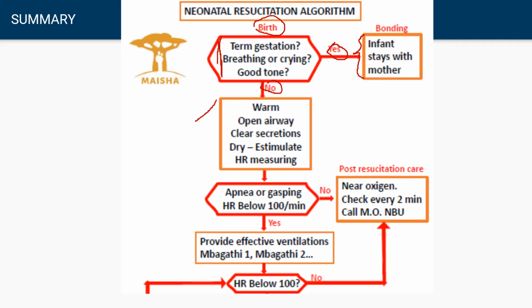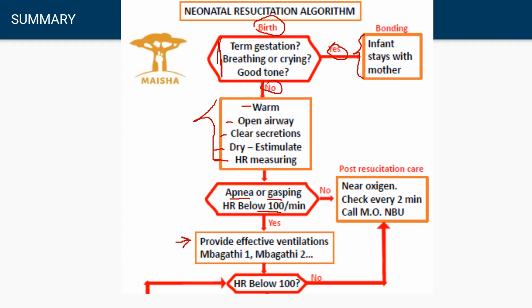So what do we have to do initially? In the first minute, we have to warm the baby, open the airway, clear the secretions, dry and stimulate, and measure the heart rate. After all of this, we will know the heart rate, and also we will check the respiratory pattern of the baby. So if the heart rate of the baby is below 100, or the baby has apnea, is not breathing, or is gasping with difficulty in breathing, we have to start providing the positive pressure ventilation.